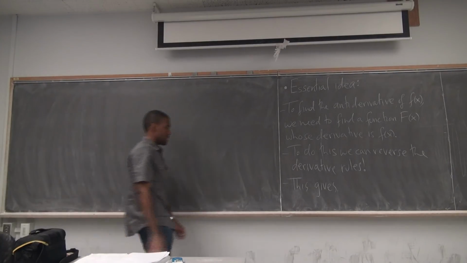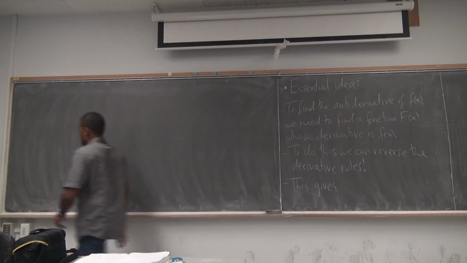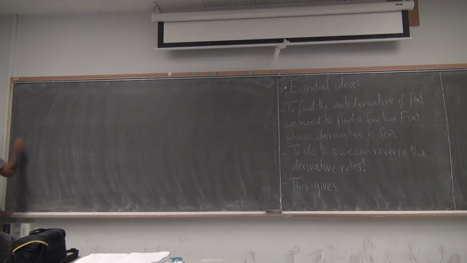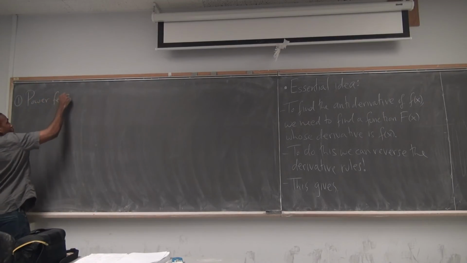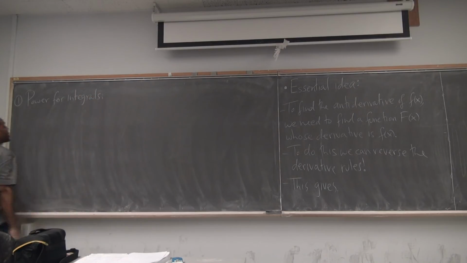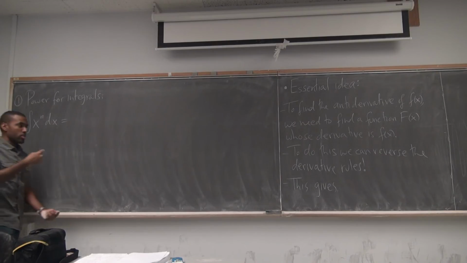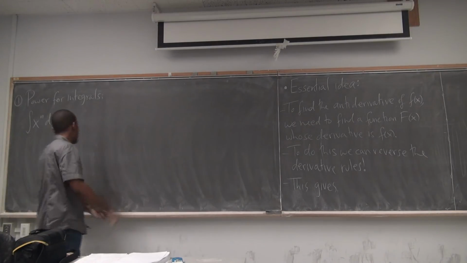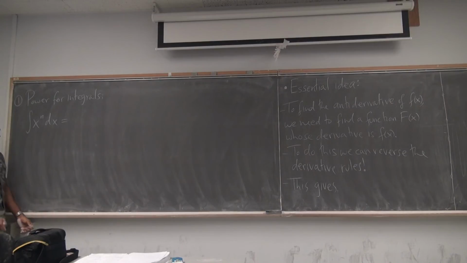Now let's go back to basics, learn to walk again. Let's talk about the power rule, this time not for derivatives, but the power rule for integrals. This rule says the following. If I take the antiderivative of x to the n, what should the answer be? I need to find the function whose derivative gives me this.